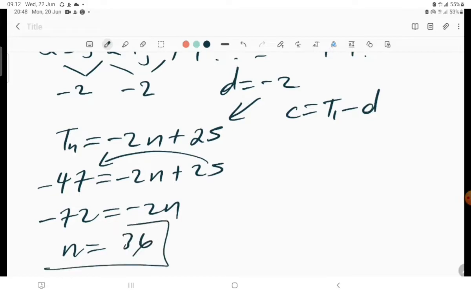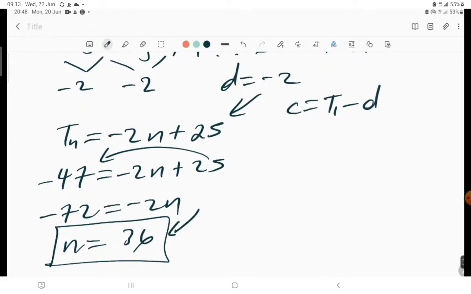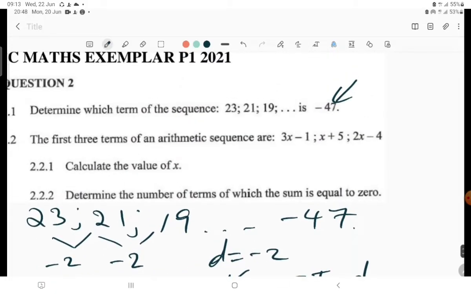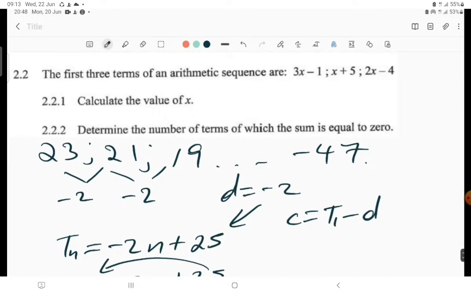So when they say which term, it's term 36 that is equal to negative 47, which means we have term 1, term 2, term 3, term 4, up to term 36, which is equal to negative 47. So we are done with that one. Let's go to the next question.